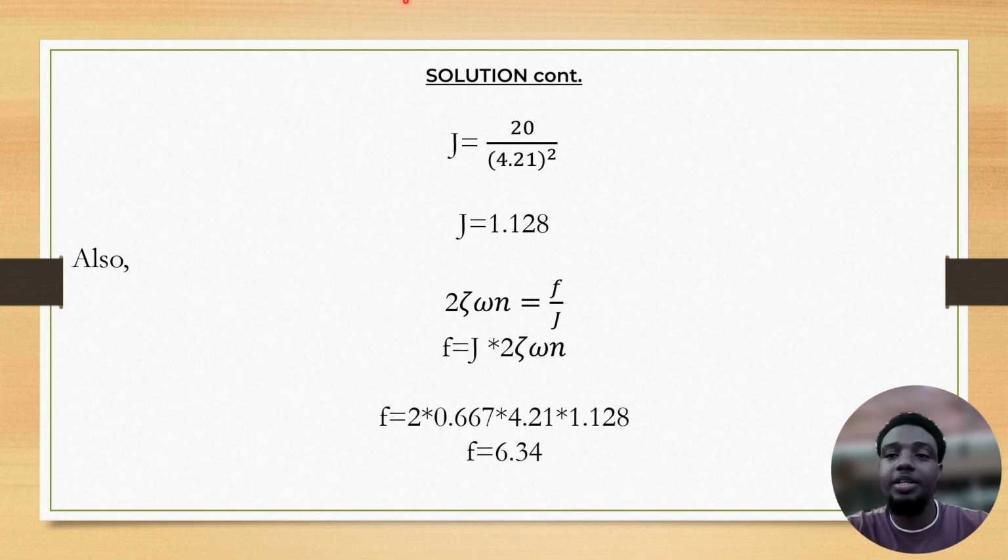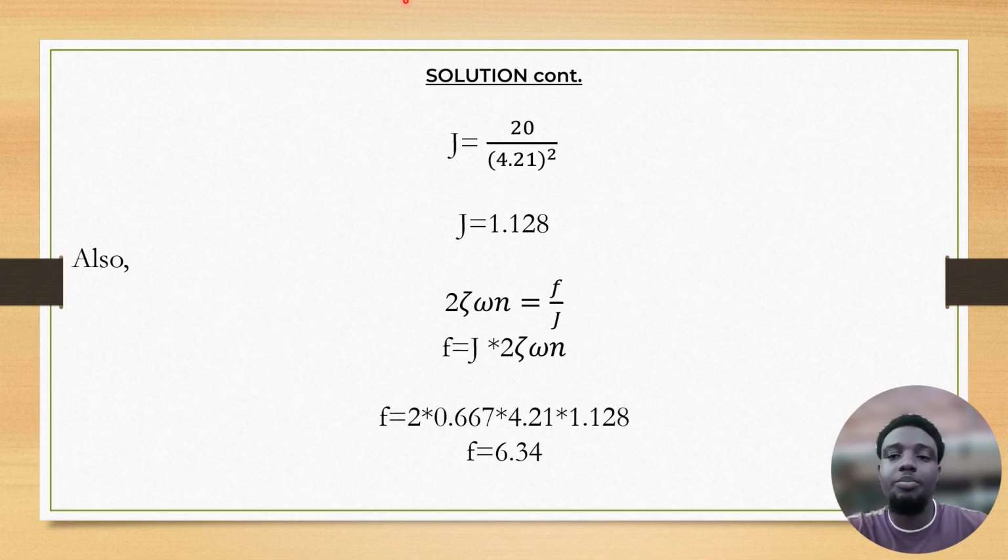To determine the damping coefficient F, we use the second equation obtained earlier, which is 2 times the damping ratio times omega n, which is equal to F over J. Rearranging to make F the subject gives us F is equal to 2 times the damping ratio times omega n times J. Now, omega n is equal to 4.21, J is equal to 1.128, and the damping ratio is equal to 0.667, which gives us F equal to 6.34.